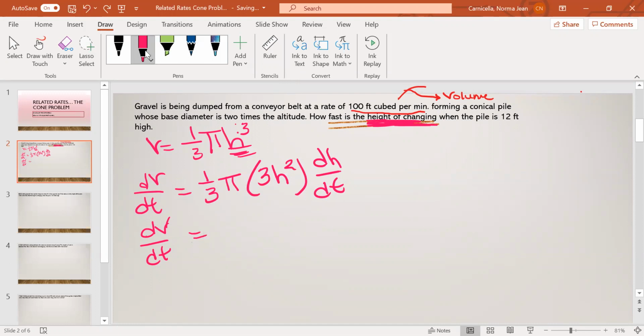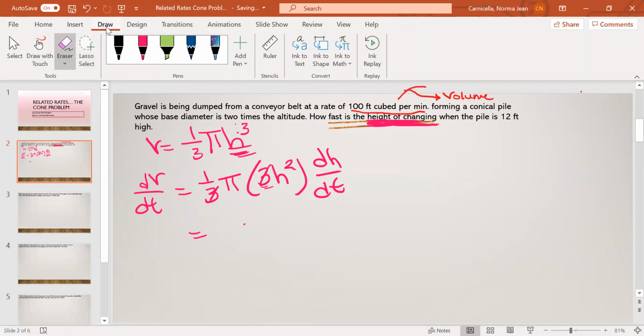All right, so back to where I was. So I'm going to clean it up again. So these cancel. And then I got to plug in some things. So I'm going to have, instead of dV/dt here, I know what dV/dt is.